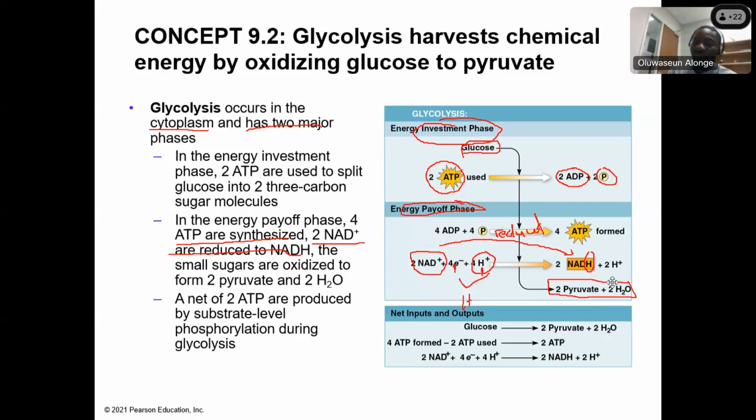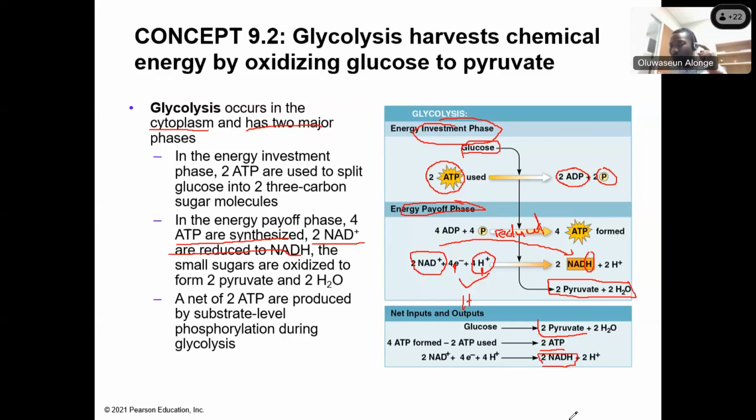All right? Now, at the end of the whole process, you are going to have 2 pyruvates, which is our focus. You have gotten 2 ATP, and now we have 2 NADH as well. Now we have saved 2 NADH.